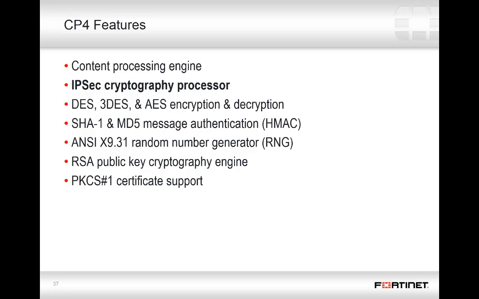CP4 can generate pseudo-random numbers, encrypt and decrypt DES, triple DES, and AES, calculate SHA-1 and MD5 checksums for message authentication, and validate RSA public keys in PKCS1 certificates. It also has a content processing engine.